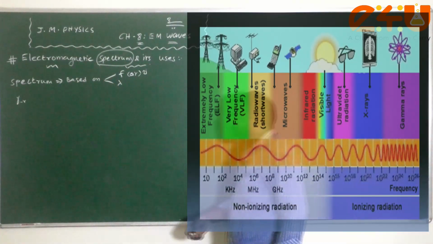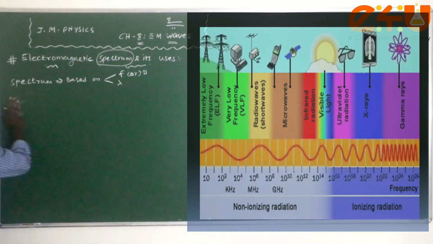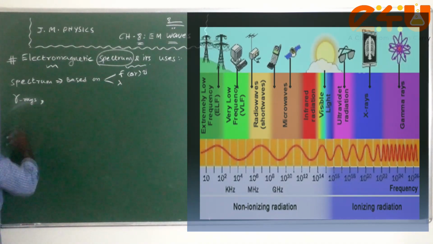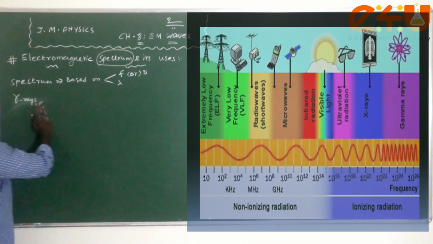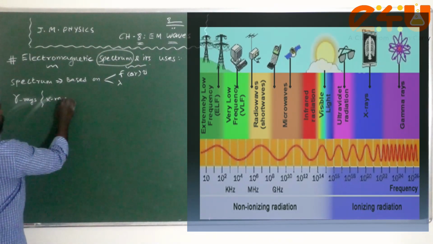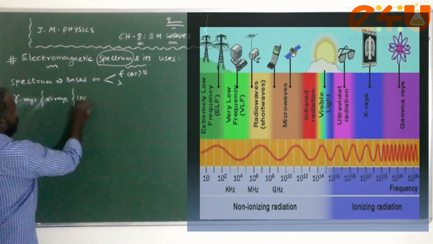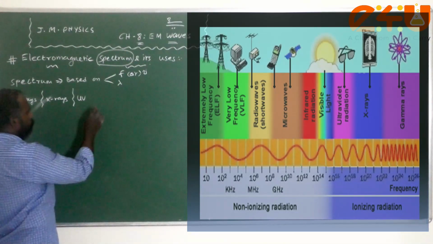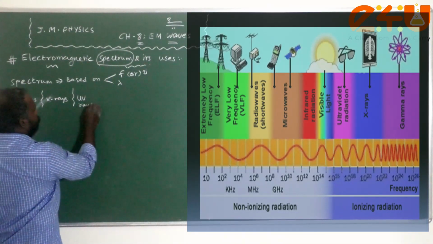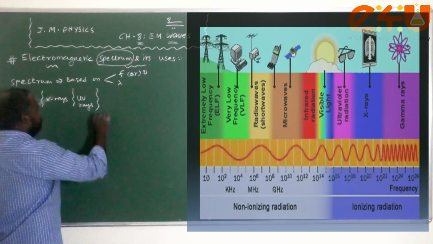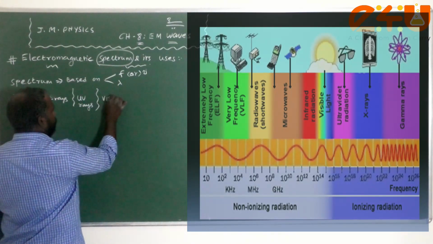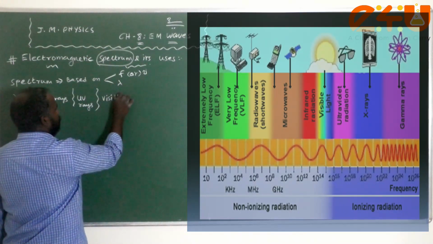Now please see, the first one we are going to write is gamma rays. The next is X-rays, then UV rays, ultraviolet rays, then the visible region, visible light.